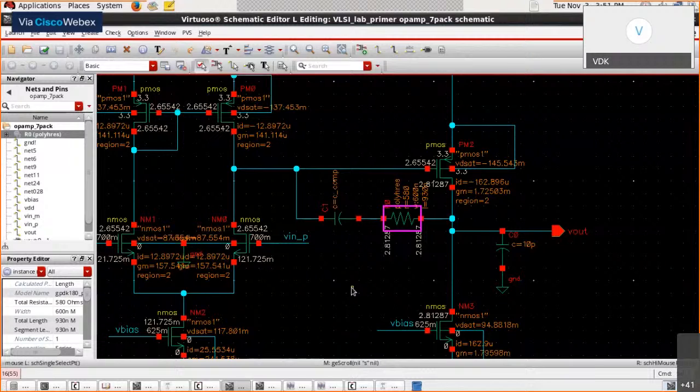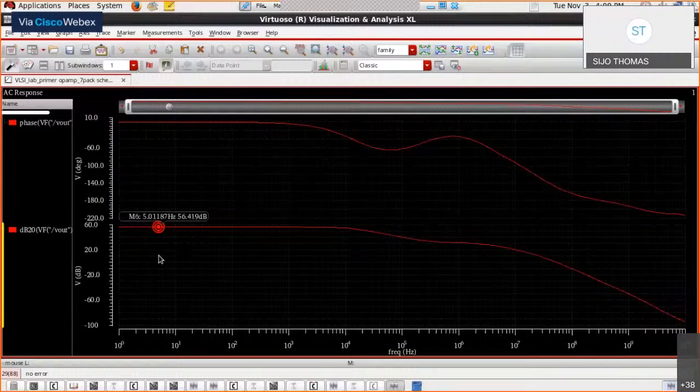To be very specific, when you write the transfer function, we have the frequency at which the zero occurs as gm of PM2 by C1, that is Cc, the compensation capacitance. If I bring that gm to the denominator, I get it as 1 by gm.